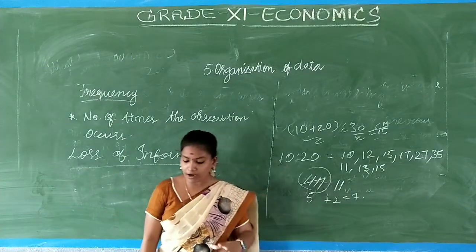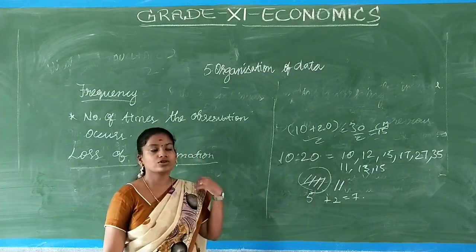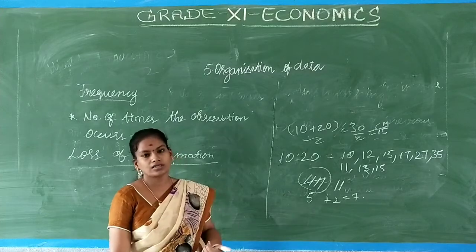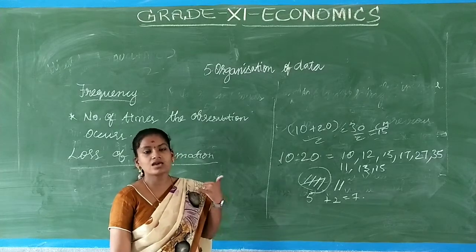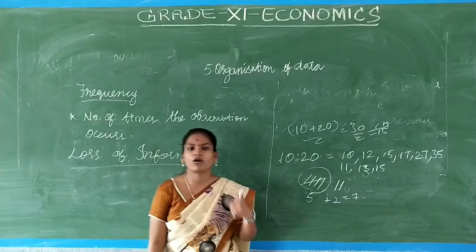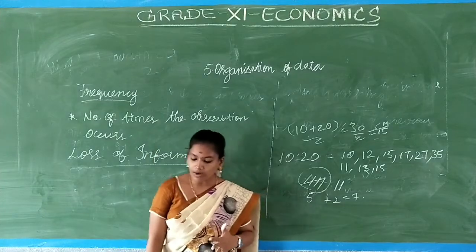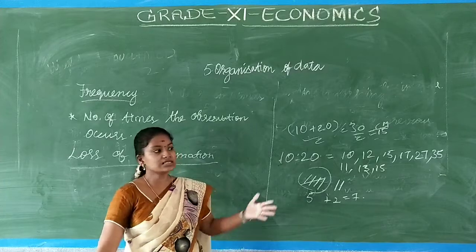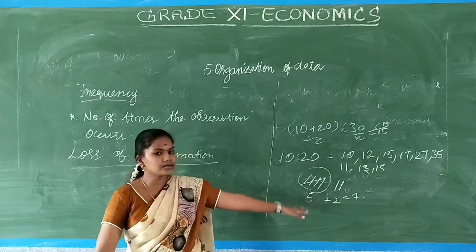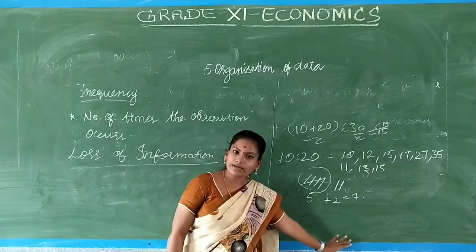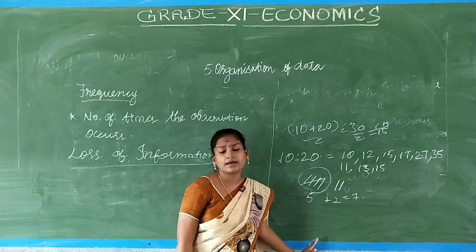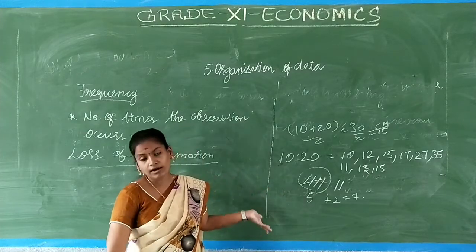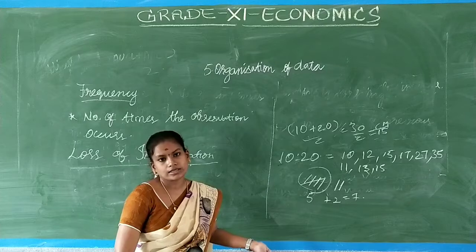Once you have prepared your frequency distribution, once you have completed your classification of data, there is the problem of loss of information. What is it? In classifying raw data, so much is gained by summarizing. You are just counting how many times an observation has come, but you are not keeping all the values in a class.